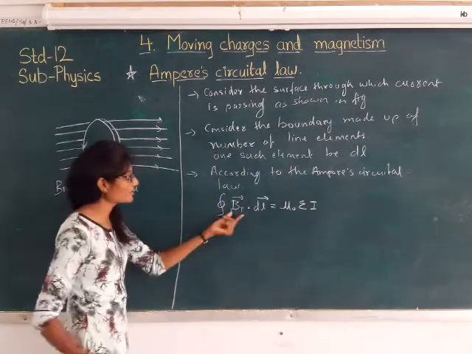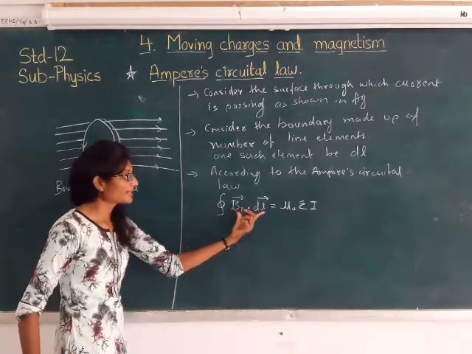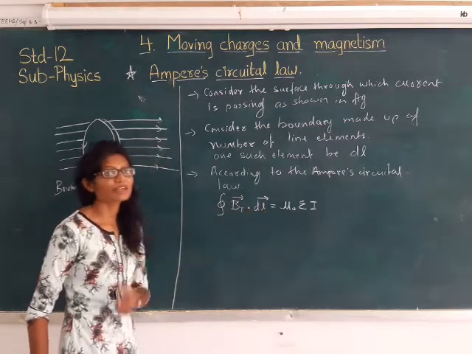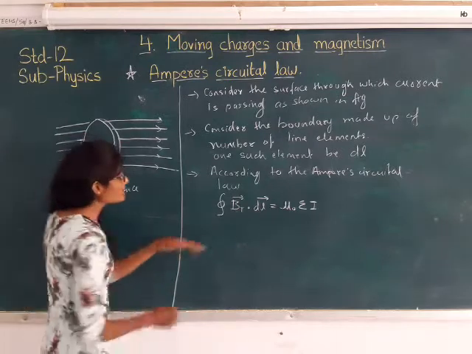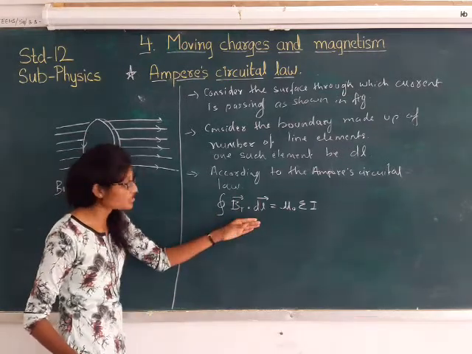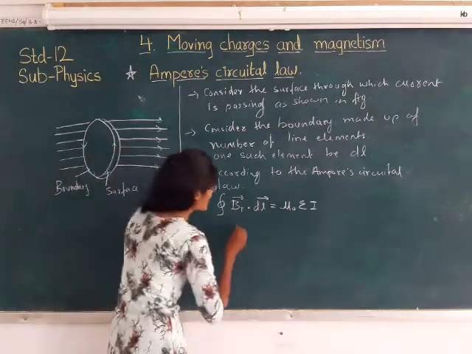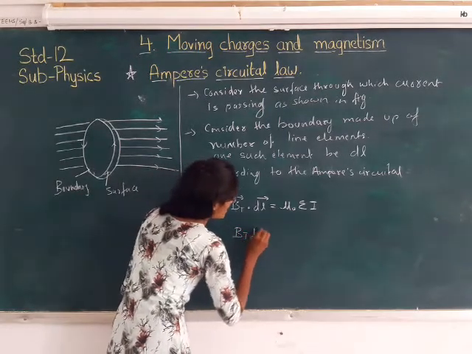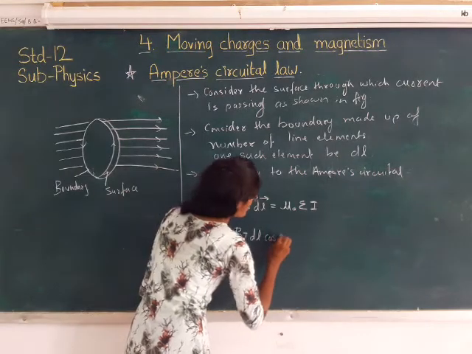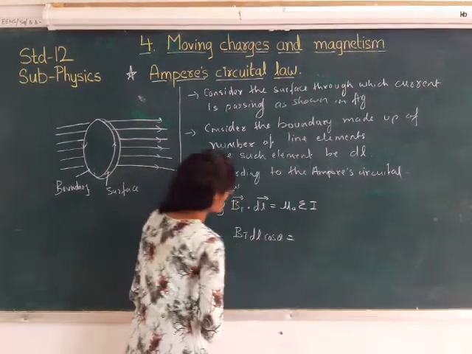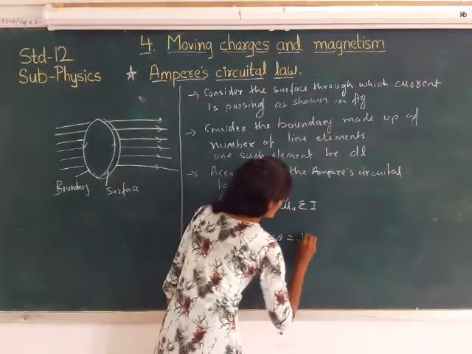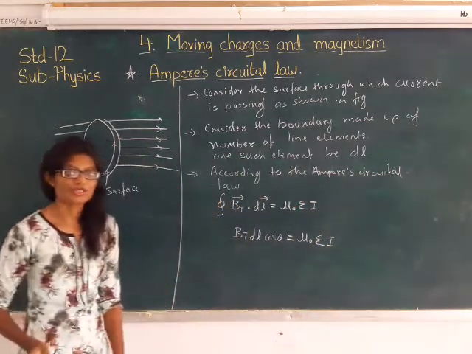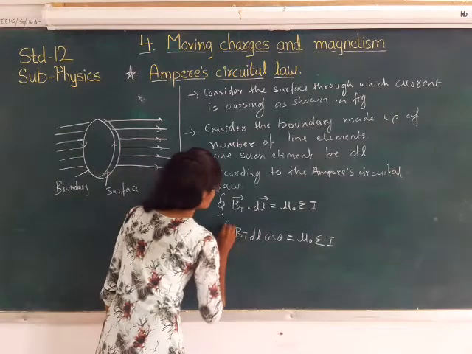Because if it is tangential component, then the direction of this magnetic field and the length element will be same. That means if we resolve this dot product, it can be written as Bt dl cos theta equals to mu 0 summation I. Right?